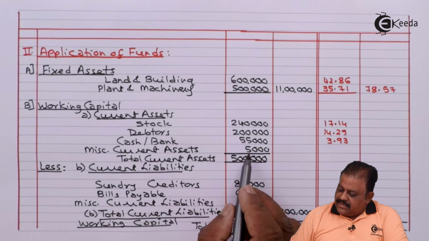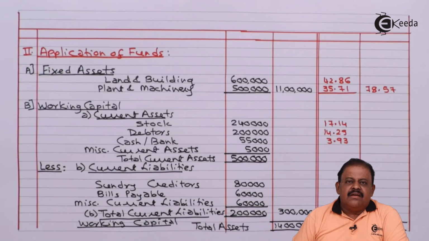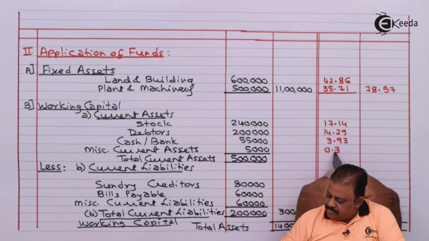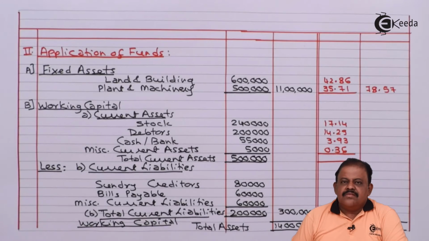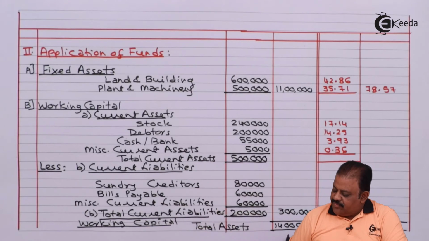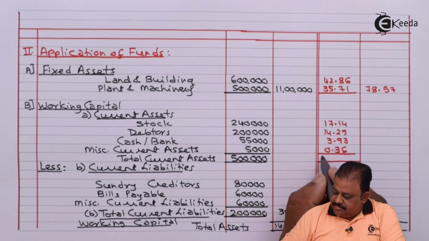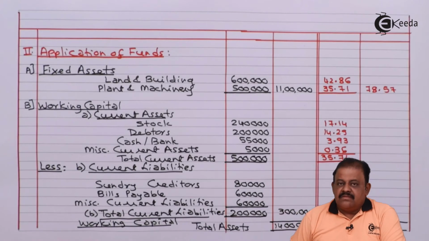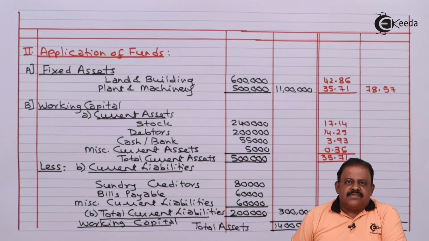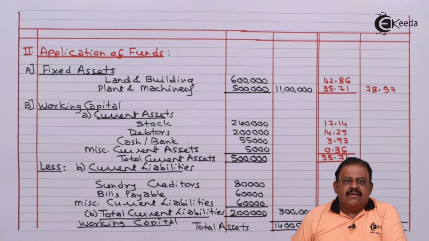Miscellaneous current assets 5,000 divided by 14 lakhs multiplied by 100, 0.36%. Total current asset 5 lakhs divided by 14 lakhs multiplied by 100, 35.71%.